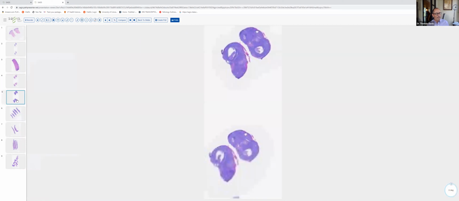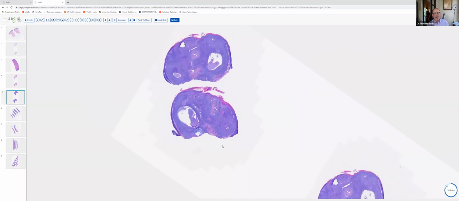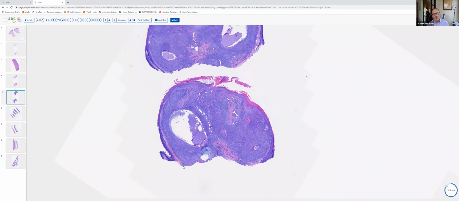Okay, moving on to slide 5, we're going to head back into the neoplastic realm here. We've got a bisected shave biopsy specimen. And it's kind of hard to ascertain location here because the tumor takes up most of the dermis.